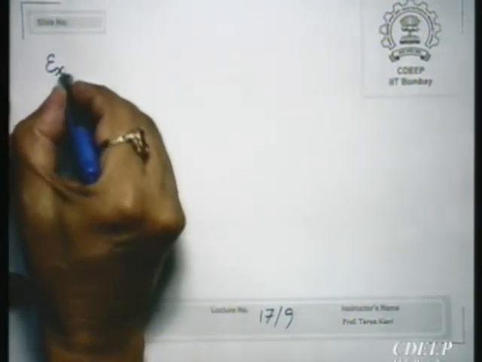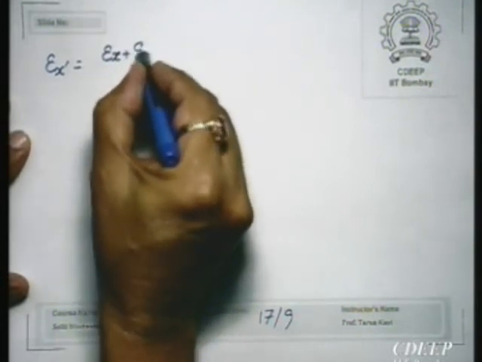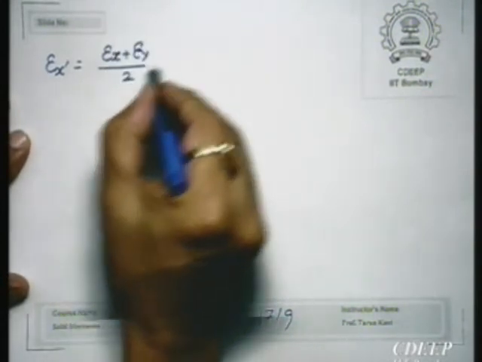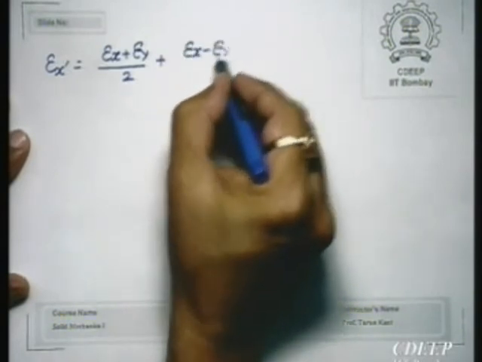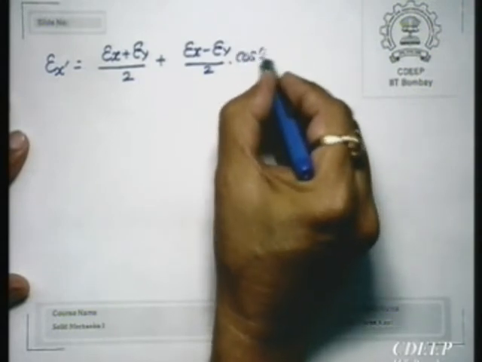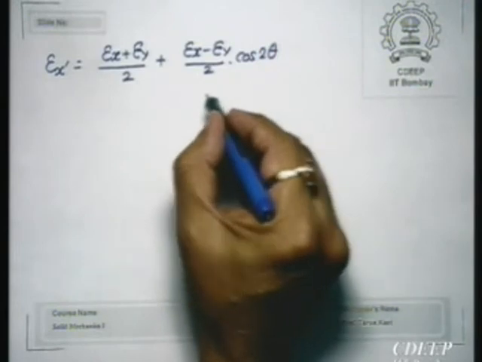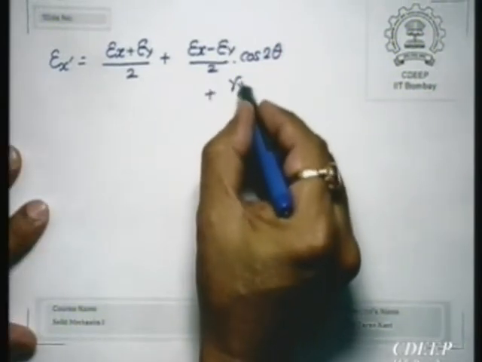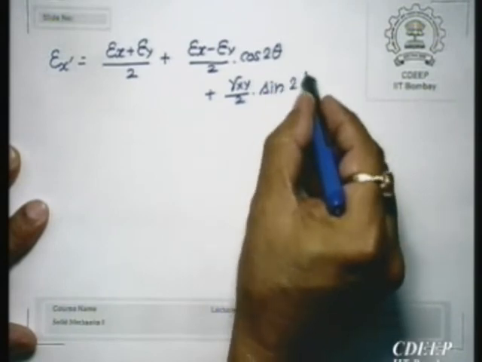Let us say x dash. Epsilon x dash is given by (epsilon x plus epsilon y)/2 plus (epsilon x minus epsilon y)/2 into cosine 2 theta, plus (gamma xy)/2 into sine 2 theta.